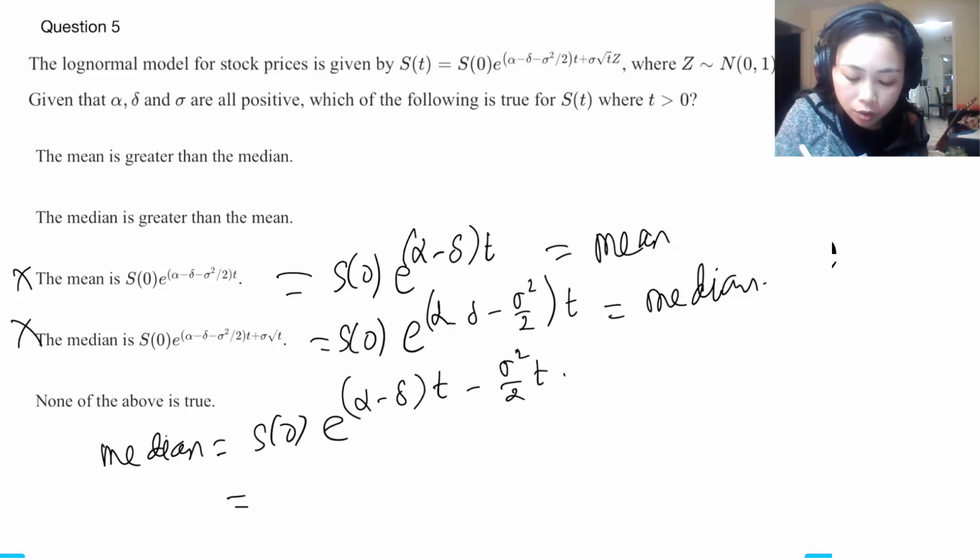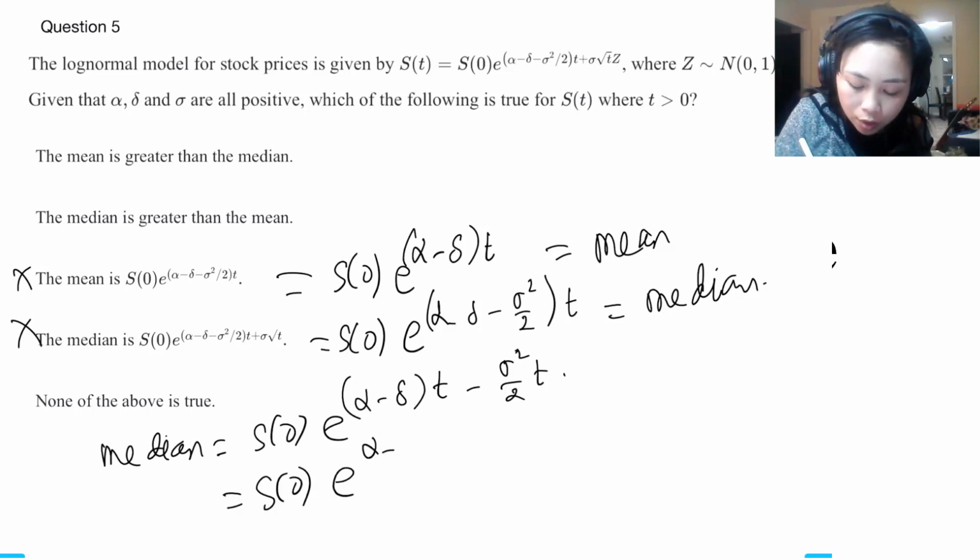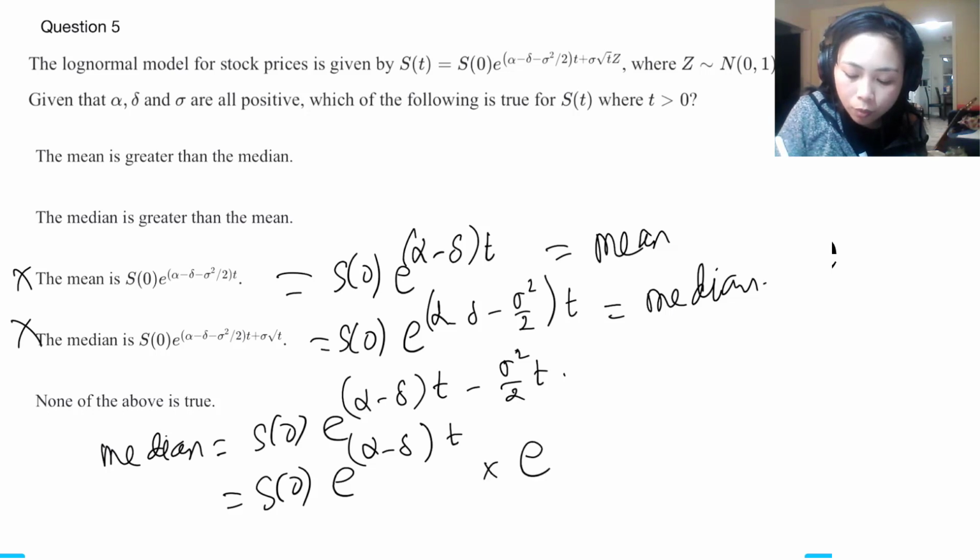This is the mean times e to the minus something, and here sigma is positive, so e to the negative exponent should be less than 1. I'll call this a; we notice that a here is less than 1. So the median is less than the mean, or the mean is greater than the median.